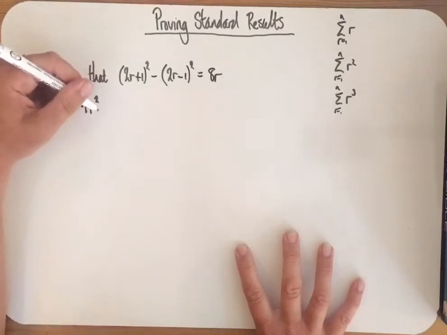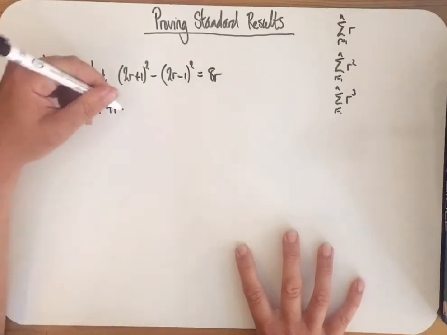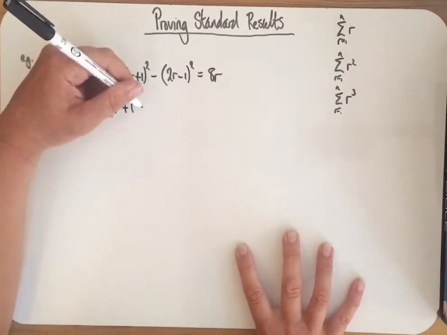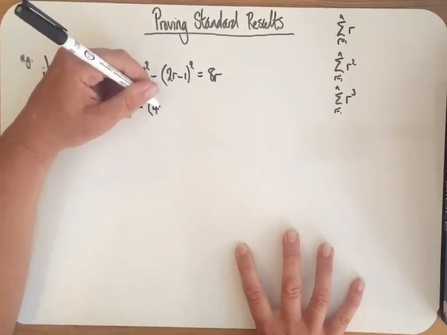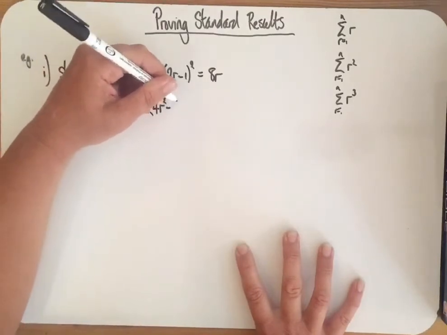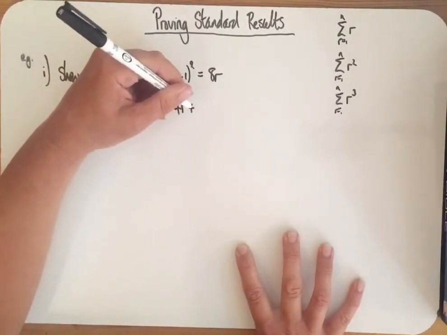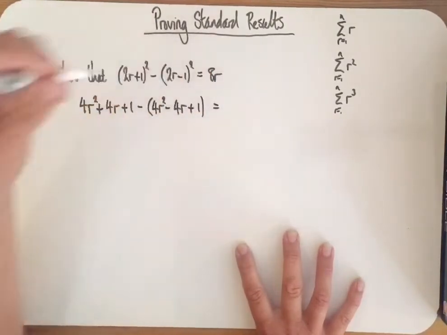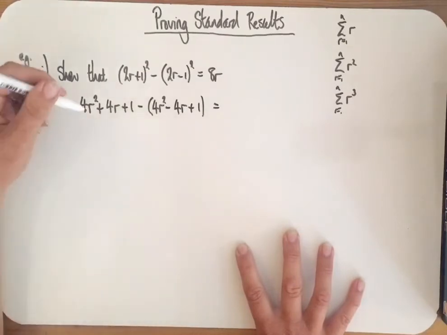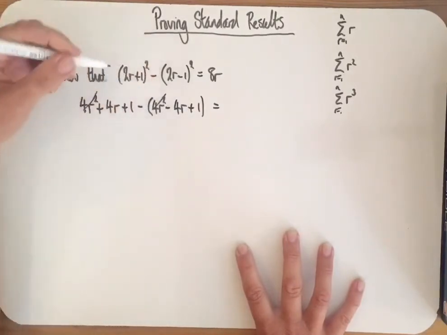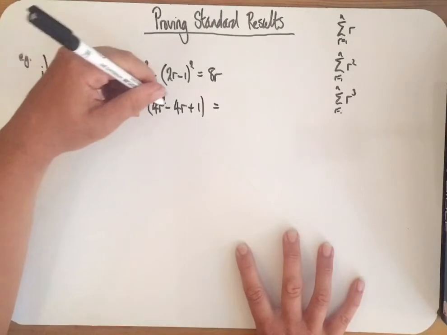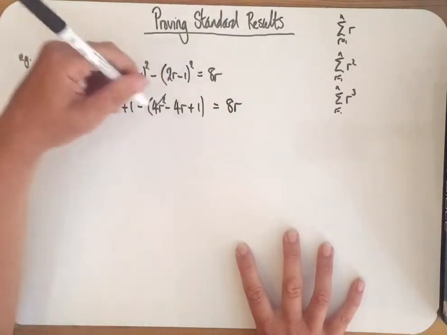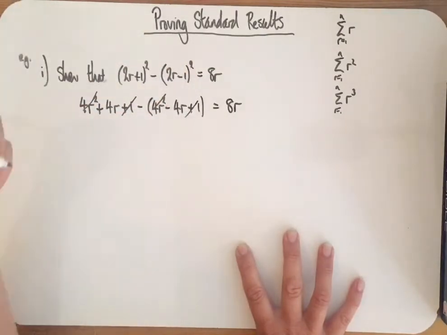So you get 4r squared plus 4r plus 1, multiplying out those brackets, minus 4r squared minus 4r plus 1. And then that is equal to 4r squared go, 4r minus 4r is 8r, and 1 minus 1 is 0.